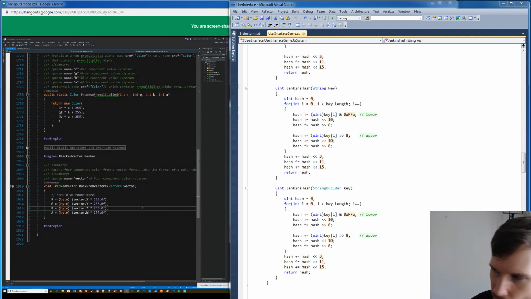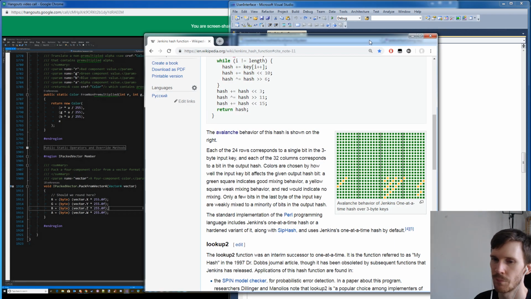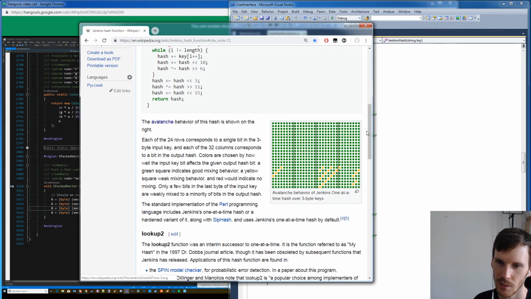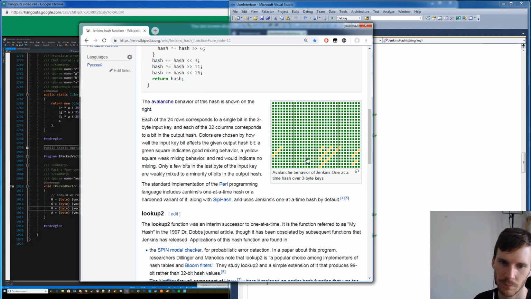Did I close that window? I did. Let's bring it back. We saw a little bit of that over on the Jenkins Hash Wikipedia page. This is the avalancher. Look at that. It's not clumping up. You don't have any unfilled pigeonholes, and you've only got a few.